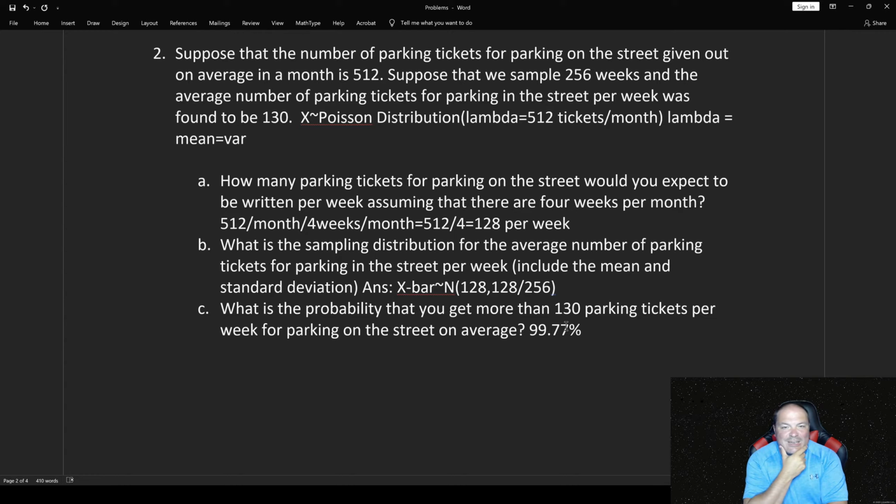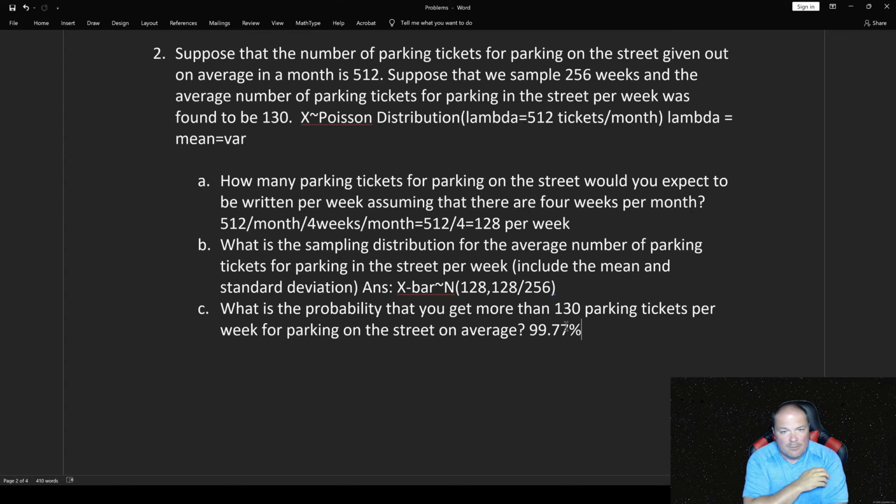Now, one thing that we really need to discuss a little bit is the idea of when the central limit theorem works and when it doesn't. There is a misnomer about the central limit theorem that people think as long as n is bigger than 30, then everything's normal. That only works if it's already normal and you know the variance, or it's bigger than 30 and you know the parameter values for the distribution.